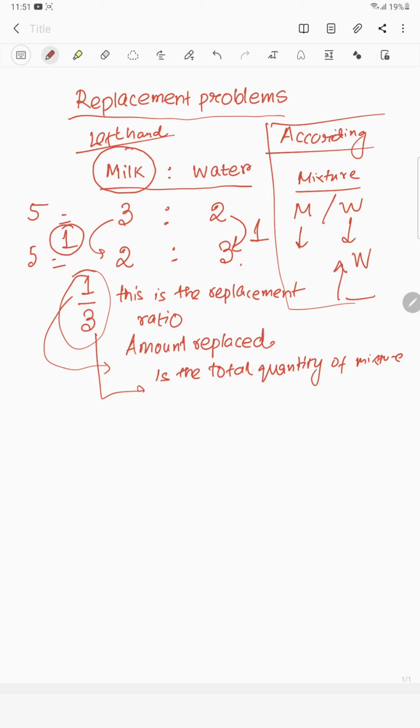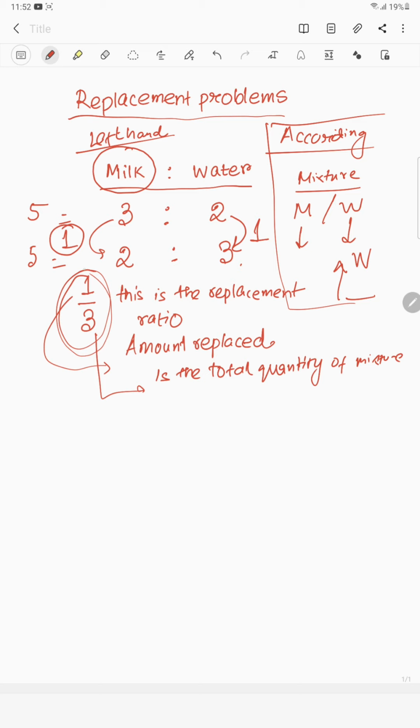So if you remember this ratio, and if we equate this 1 and 3 according to the information given in the problem, then you can easily solve any type of question that is based on this particular concept. Just remember the replacement ratio.